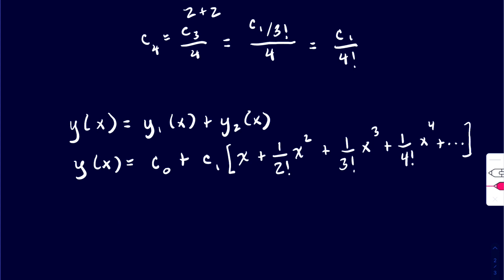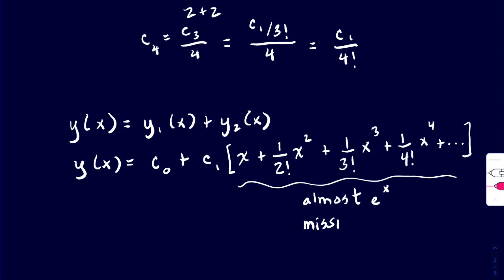Right here, this is almost e to the x. But what's missing is the x to the 0 over 0 factorial equal to 1. That's our missing term.